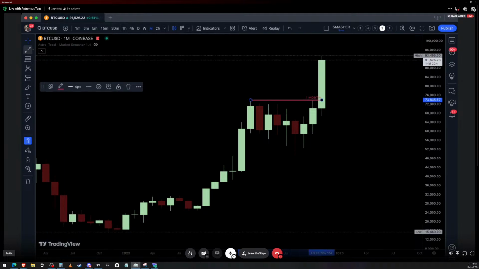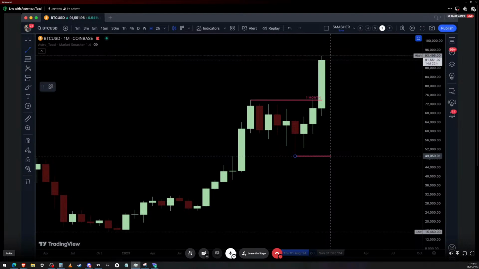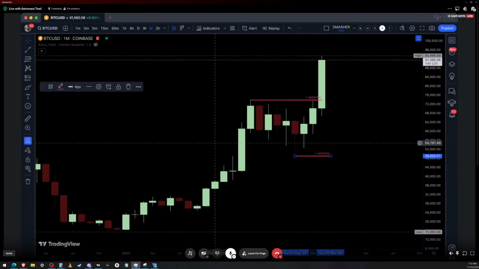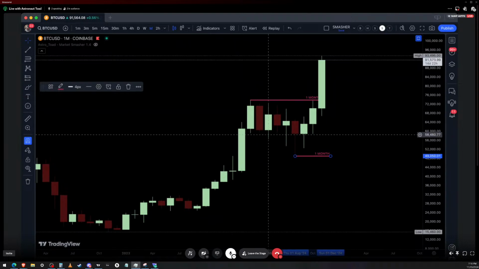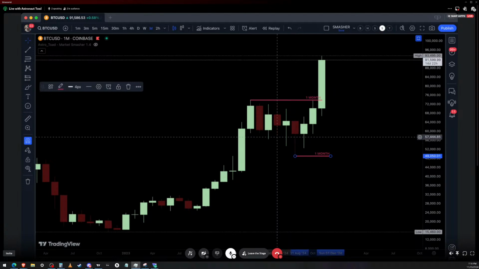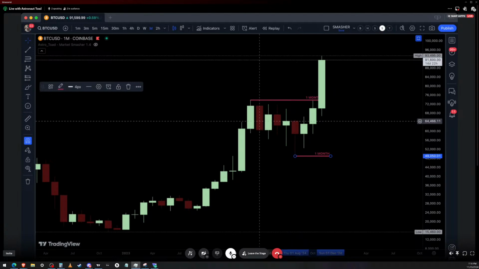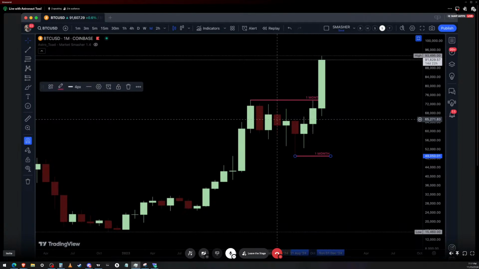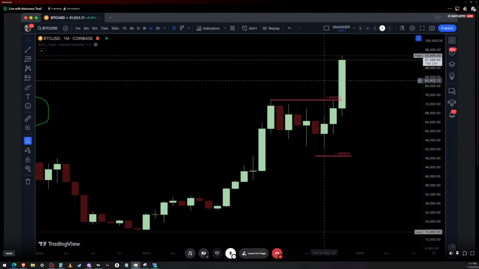I'm just calling this 1 month. And then I've got this low. That's another monthly low. I'm going to call this a range because price clearly spent 1, 2, 3, 4, 5, 6, 7 months stuck inside this range. Okay.